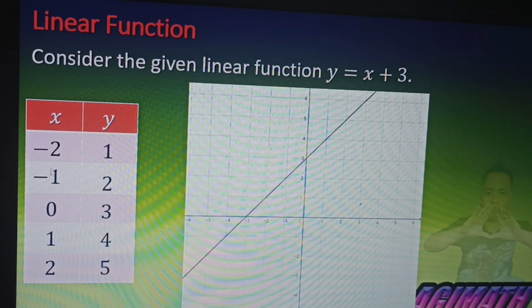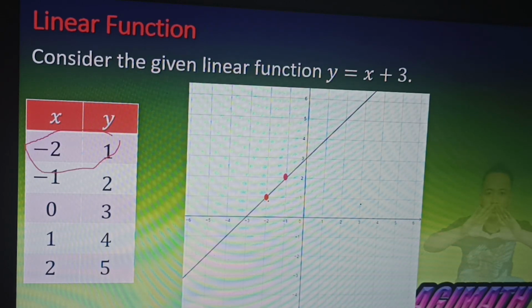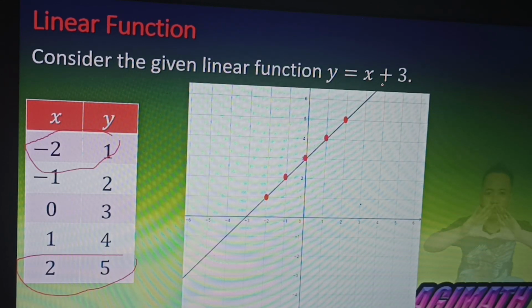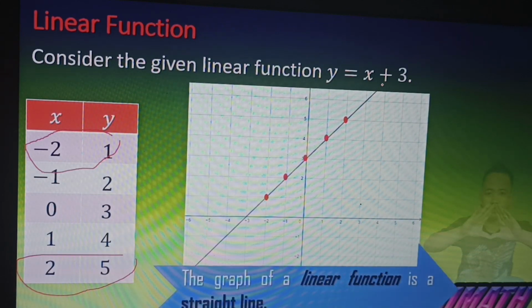To verify, for example, the first coordinate, negative 2, 1, is on this point, and then negative 1, 2, 0, 3, 1, 4, 2, 5. If we connect them, it forms a straight line. That's why it's called a linear function, because the graph is a straight line. So we conclude the graph of a linear function is a straight line.